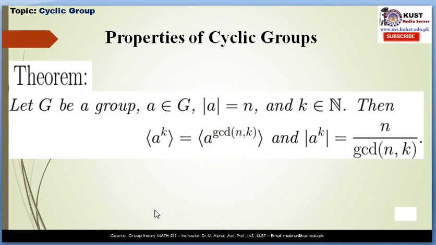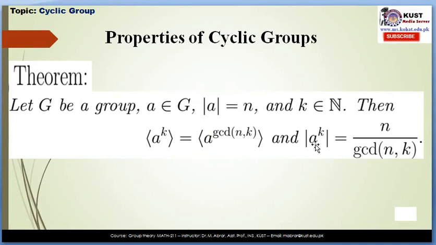We will see some outlines of the proof of this theorem as well. So we have a group, and we assume that the order of a is n, and k is a natural number. Then the cyclic group generated by a^k is actually the same as the cyclic group generated by a^d, where d is the greatest common divisor of n and k.